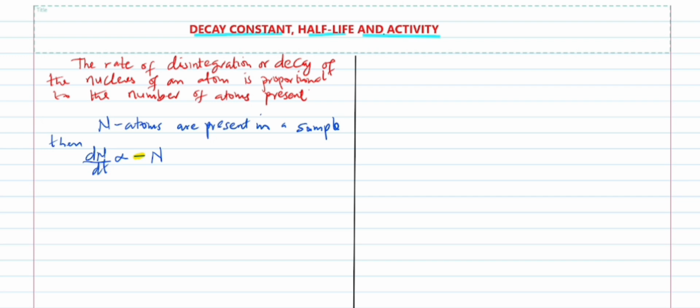So if you write this mathematically, dN/dt is equal to minus lambda N, where lambda is the decay constant.